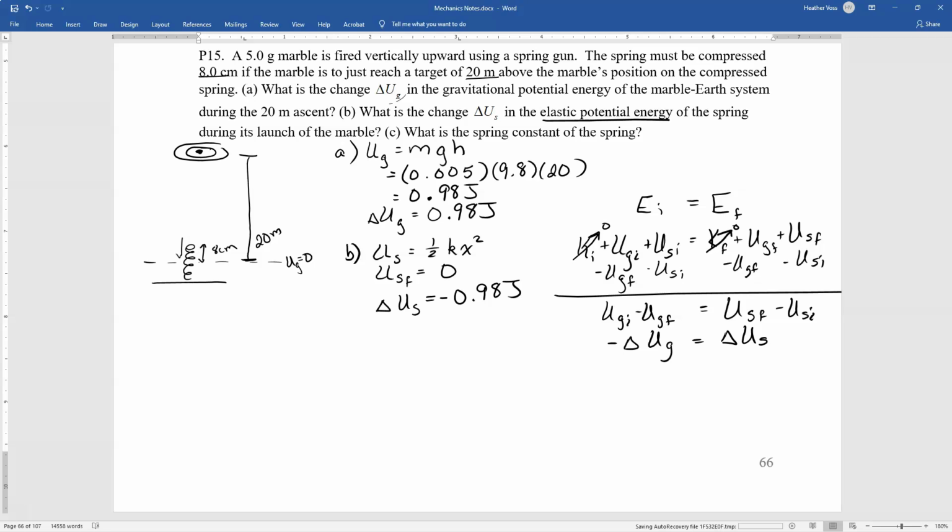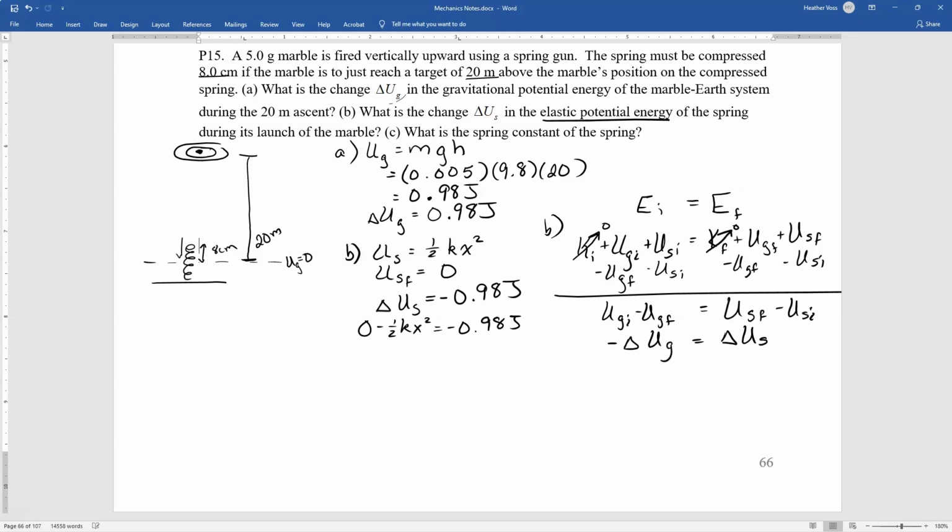So how, pray tell, can I find my spring constant? Well, it all goes back to this. So final minus initial is going to equal that negative 0.98 joules.